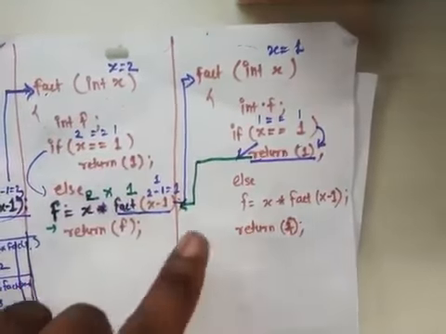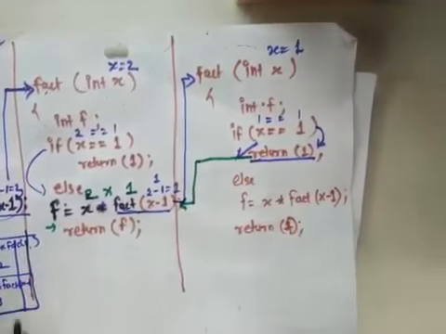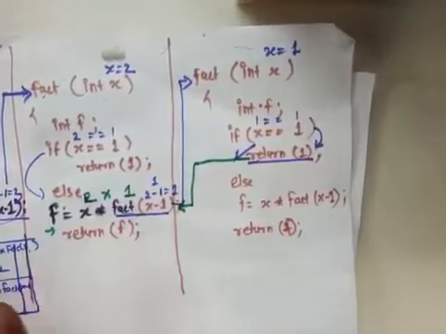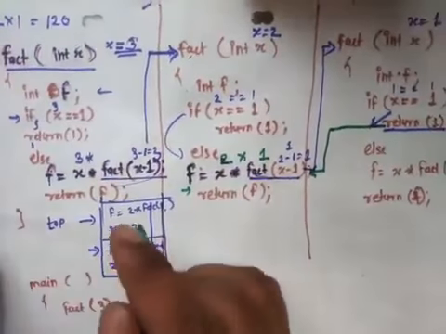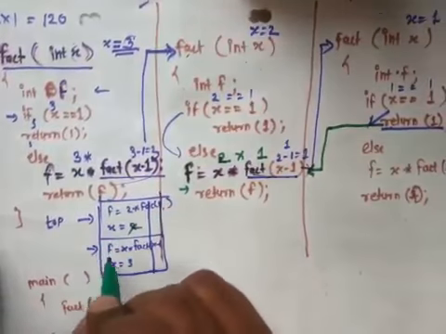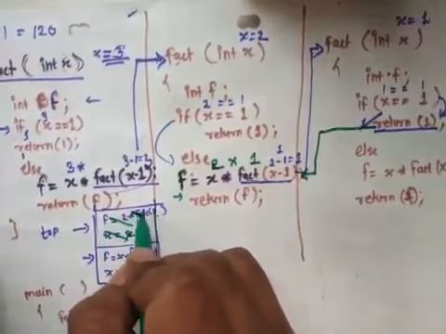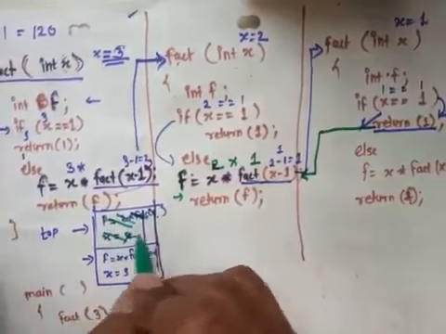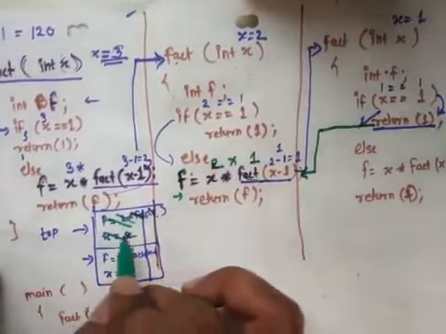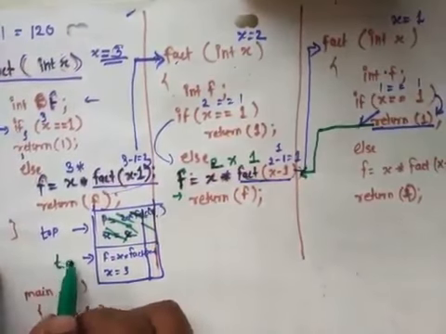So once we return control from this factorial function to here, what happened? The compiler pops all the variables' values and factorial flags' values from the top of the stack. So now these values are popped from the top of the stack. Now top is pointing to here.